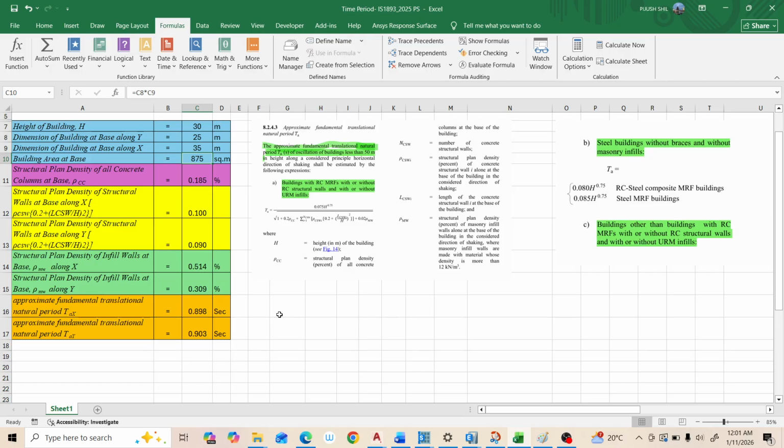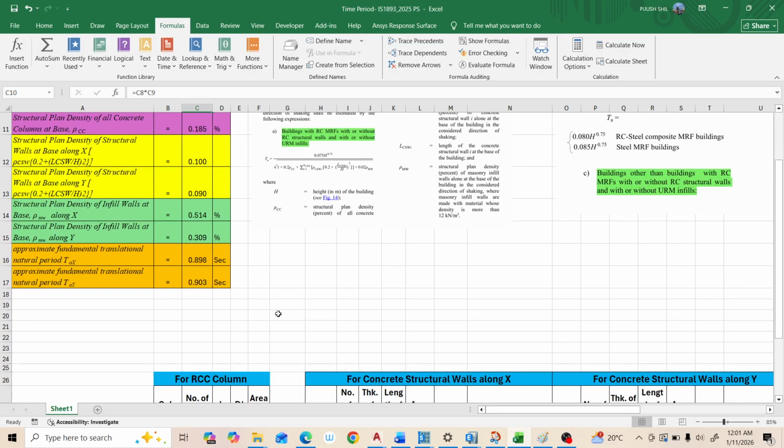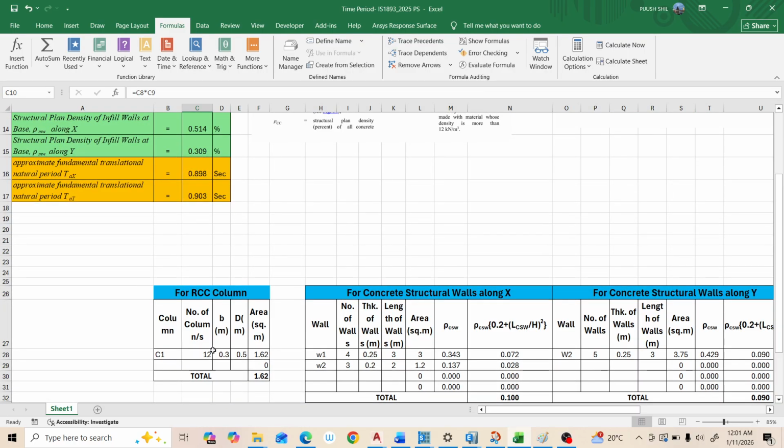You can use the calculator, or you can use Excel sheets. For simplicity I have calculated in the Excel sheet. Suppose my column size I considered as 300 by 500. Number of columns I have, suppose 12. Then I can calculate the area: 0.3 into 0.5 into number of columns, or in plan I have 3, so I can write 3 also.